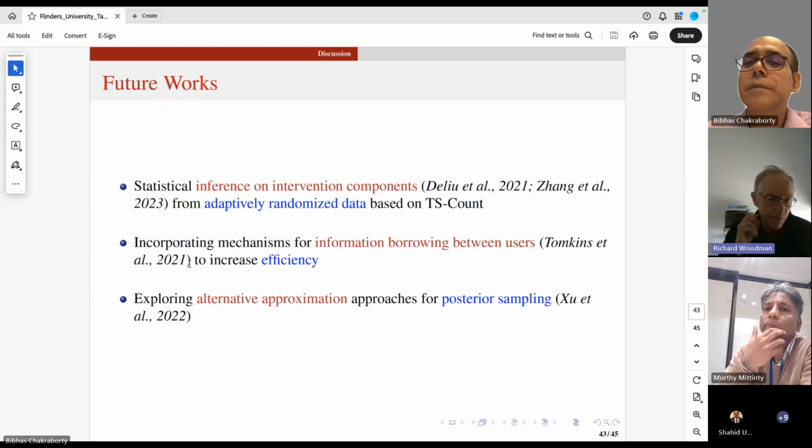Did the effectiveness of your reinforcement learning intervention vary depending on how far into the trial you were? So at the start of the trial, I'm presuming it wasn't necessarily the best.